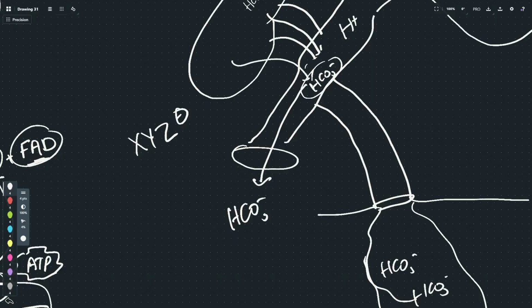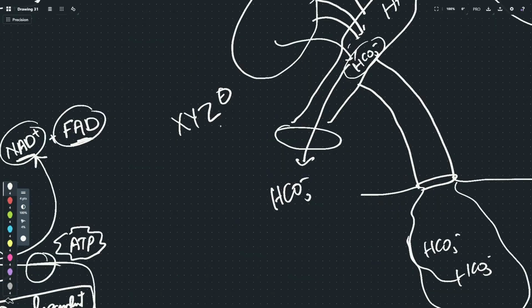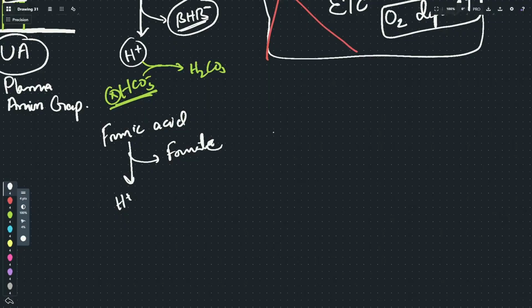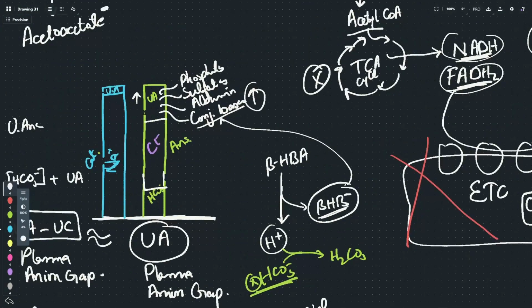We did not get any negative ion here. What does it mean? It reinforces the rule of thumb that I mentioned just now: if there is no conjugate base coming or being produced, then there will be no rise in the unmeasured anion. There will be no rise in anion gap.